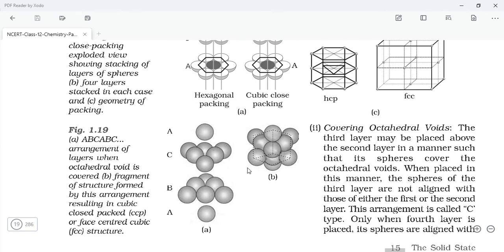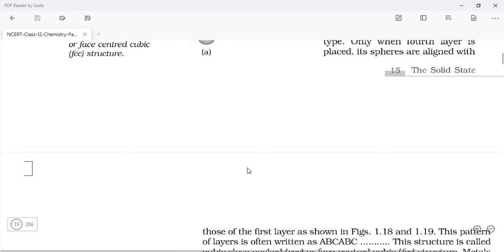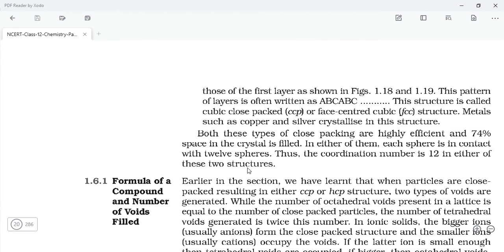Second, covering octahedral voids. The third layer may be placed above the second layer in a manner so that its spheres cover the octahedral voids. When placed in this manner, the spheres of the third layer are not aligned with those of either the first or the second layer. This arrangement is called C-type. Only when the fourth layer is placed, its spheres are aligned with those of the first layer, as shown in figures 1.18 and 1.19.